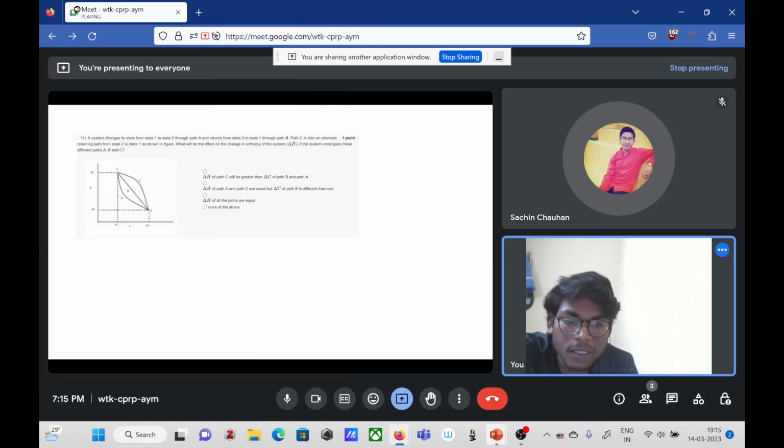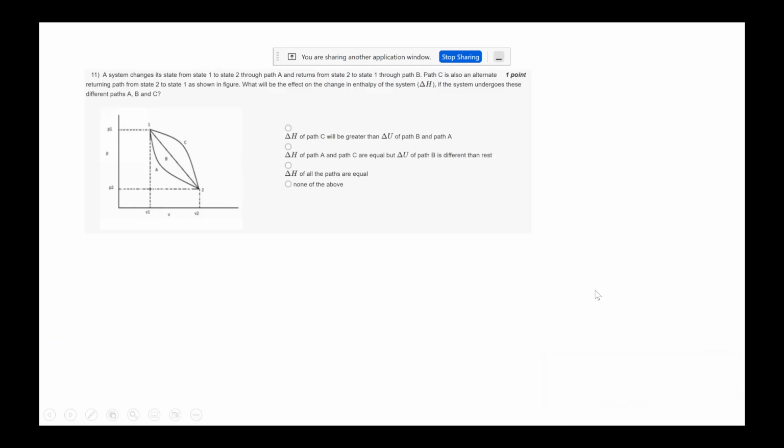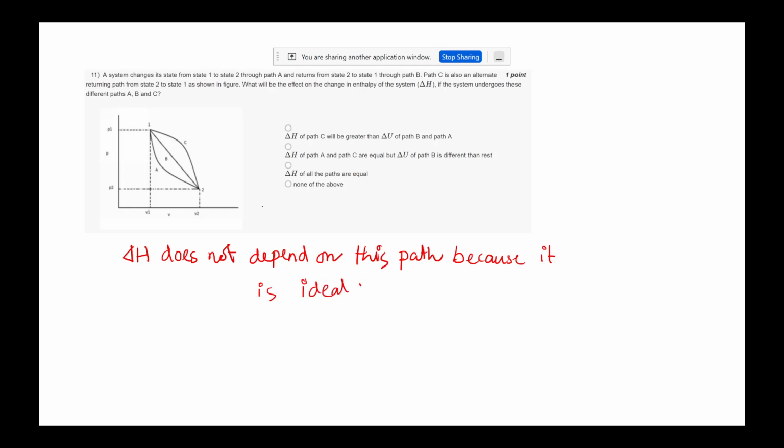So for all paths, delta H will be equal for this system.